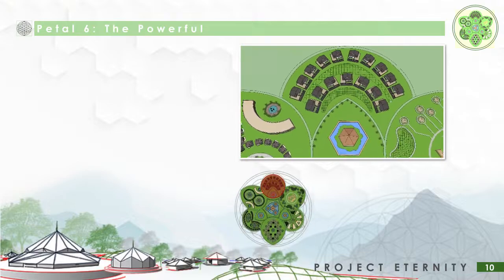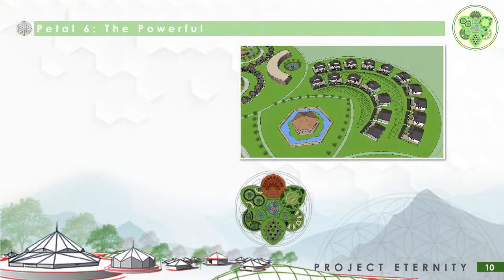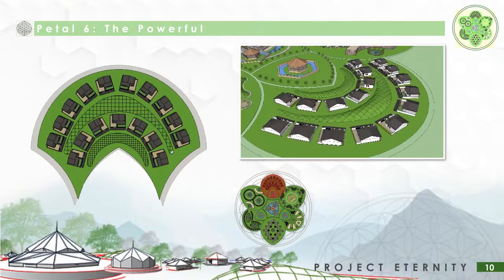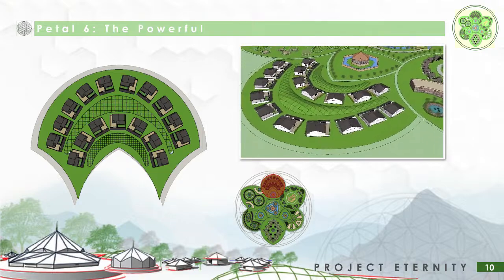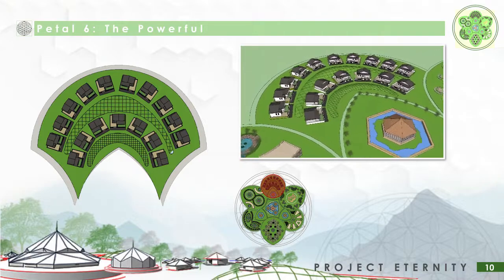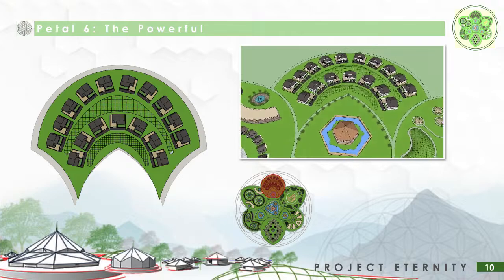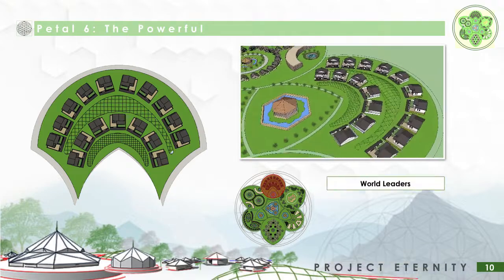Now let's go over to the most powerful of the powerful, the world leaders. And when we say world leaders, as you can see, the world has a hierarchy, which is the reason we have built a model which has hierarchy in itself, because that's how power is designed, in hierarchies. But in this hierarchy, spirituality is always right at the top.